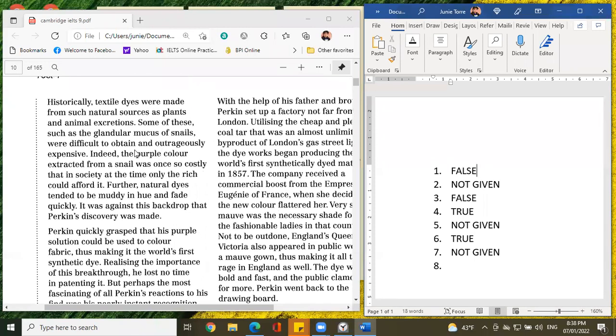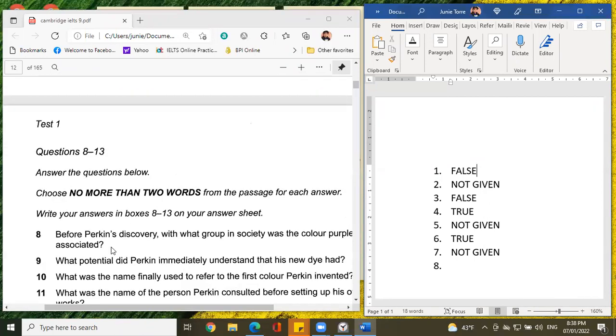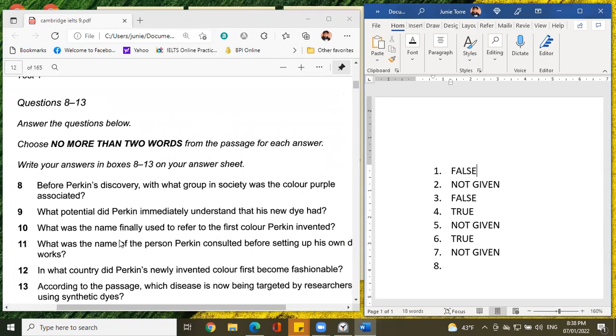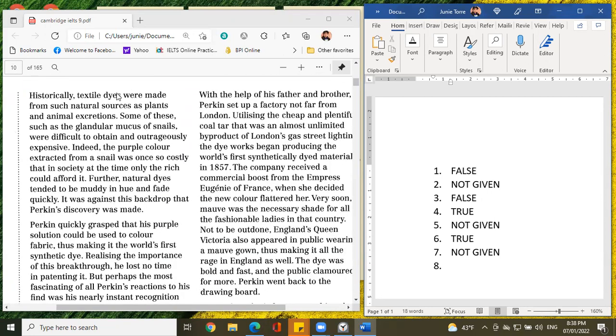It was against this backdrop that Perkins' discovery was made. So, the rich. Before Perkins' discovery, with what group in society was the color purple associated? The rich group.